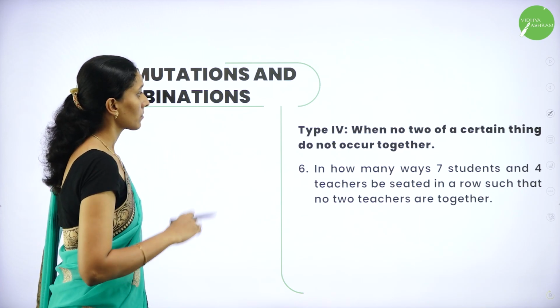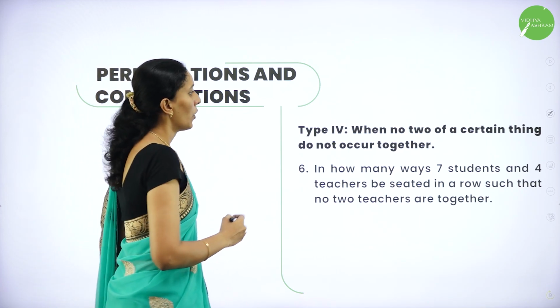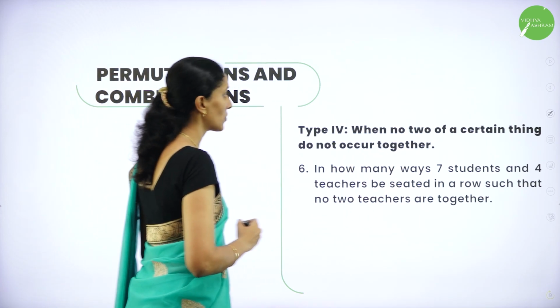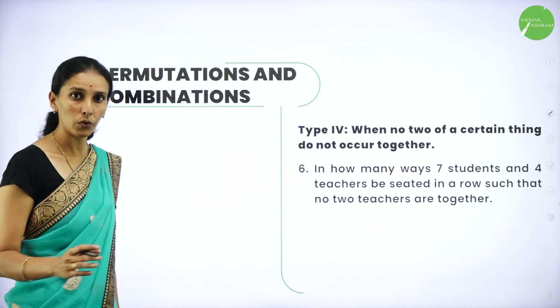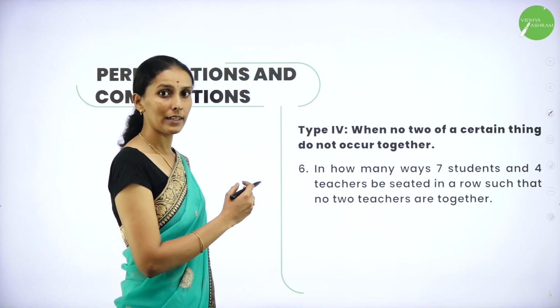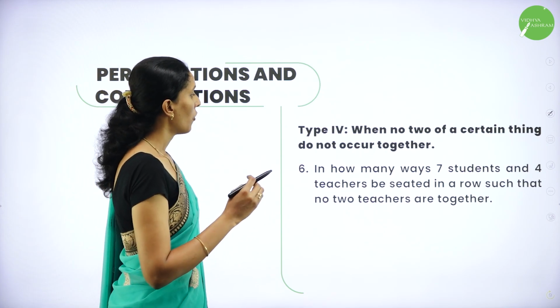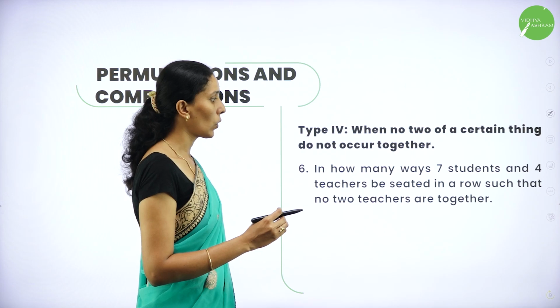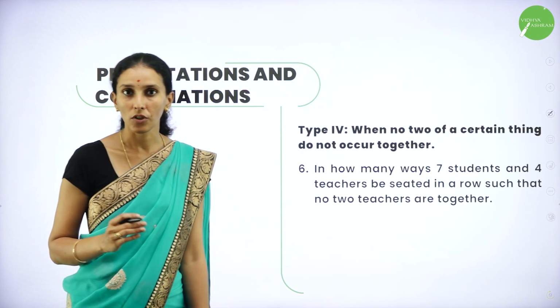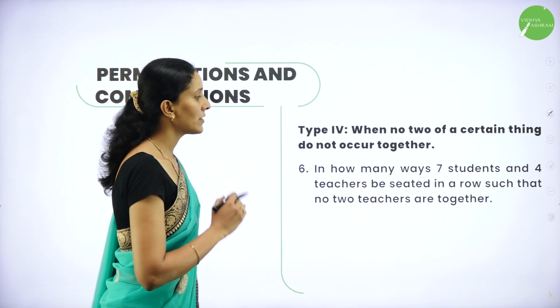Next question. And next type. When no 2 of a certain things occur together. Just an example: in how many ways can 7 students and 4 teachers be seated in a row such that no 2 teachers are together? So we have 7 students here.